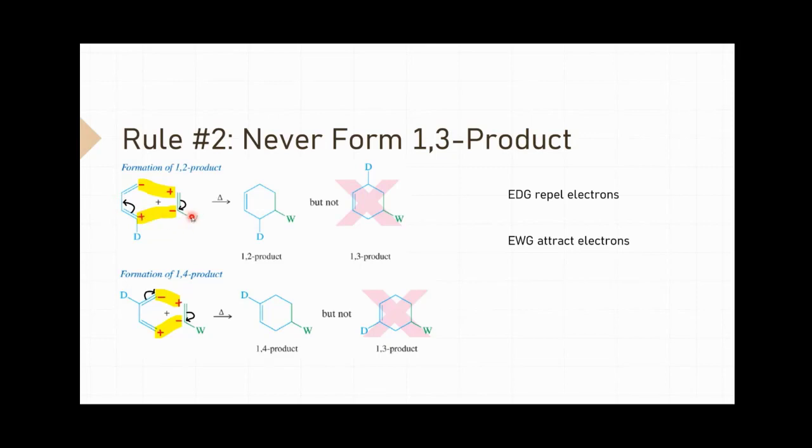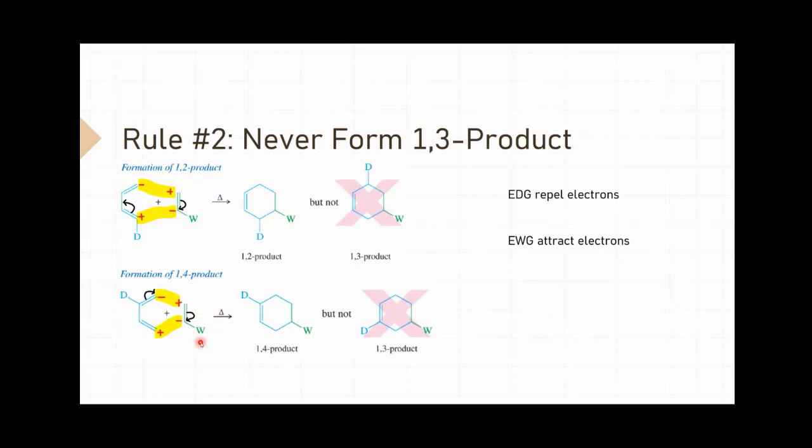And then if I have a withdrawing group, I'm pulling electrons towards me, right? So I'm going to attract this double bond towards the withdrawing group, so this carbon will be slightly negative. And so with Diels-Alder, it's kind of like an opposites attract deal. So here, positive and negative, positive and negative. That's how you make the bond.